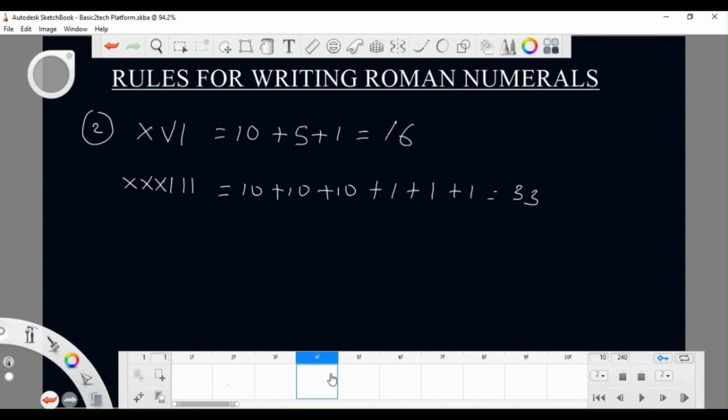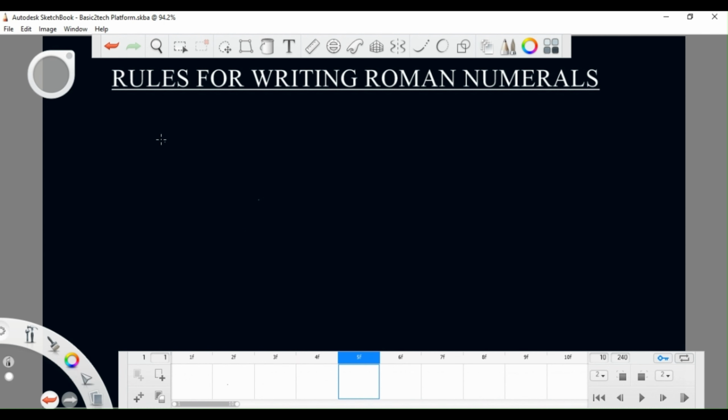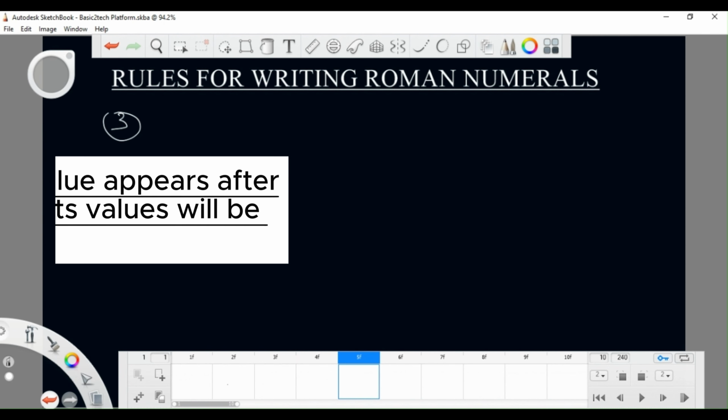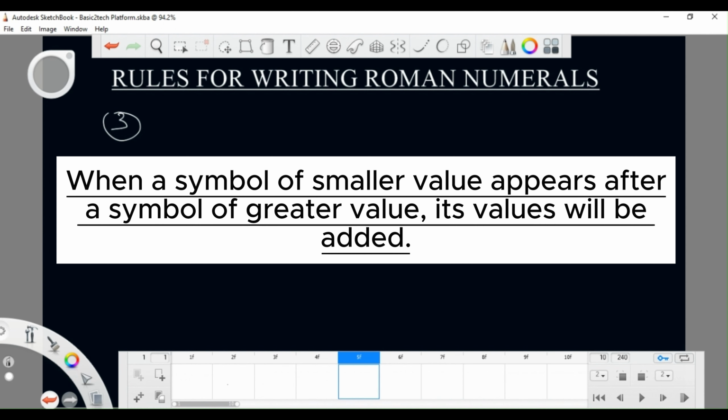Rule number three. Rule number three is that when a symbol of smaller value appears after a symbol of greater value, its value will be added. I repeat that. When a symbol of smaller value appears after a symbol of greater value, its value will be added.